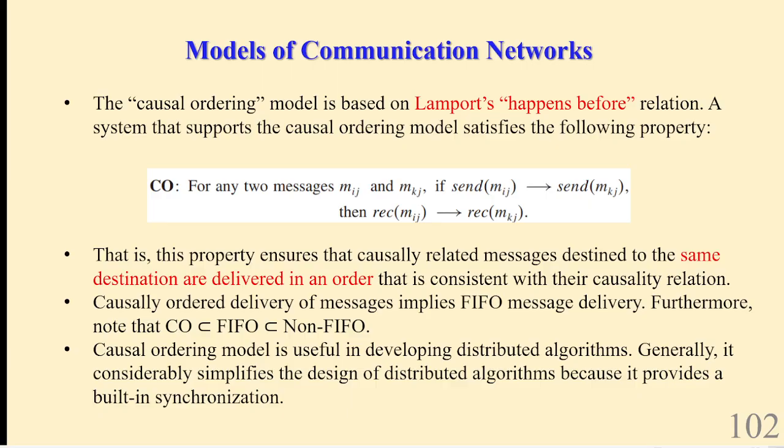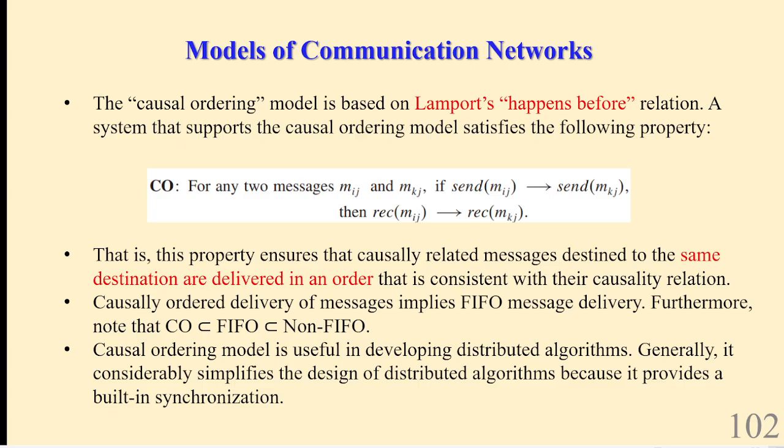Then the causal ordering model is based on Lamport's happens-before, which we have already discussed in the previous session. So here we need to follow the property given here for causal ordering. What is it? There are two messages, mij and mkj.